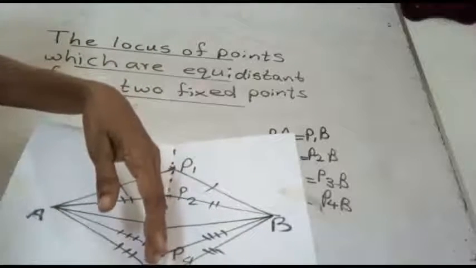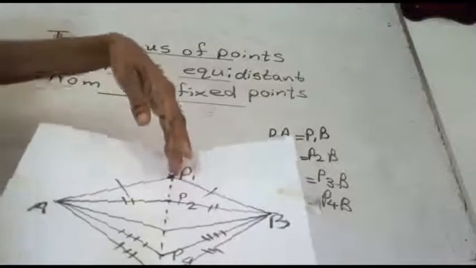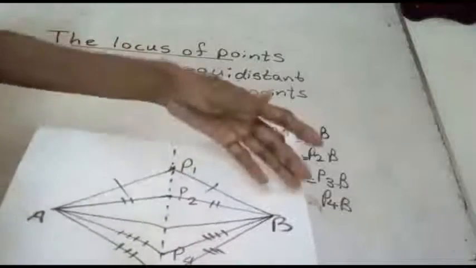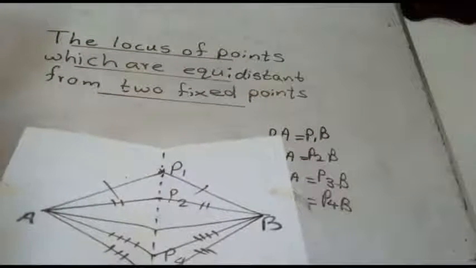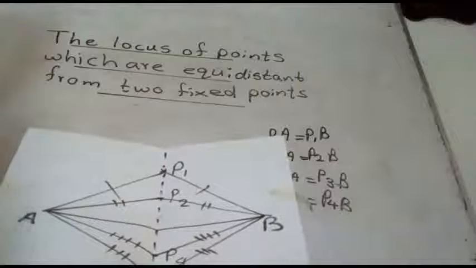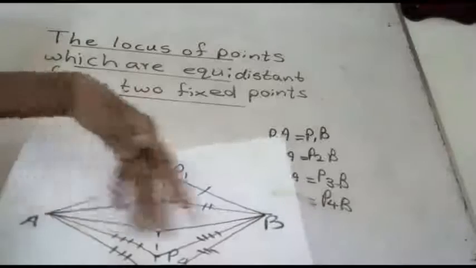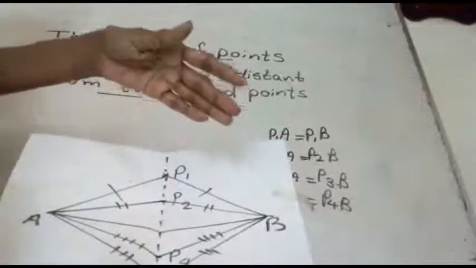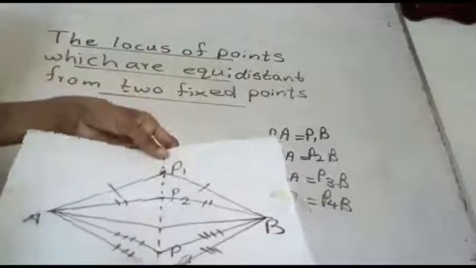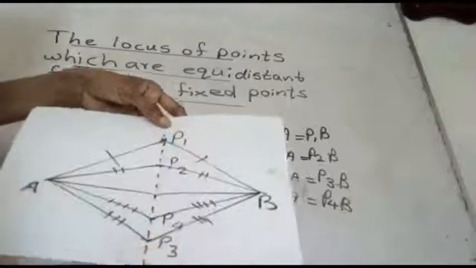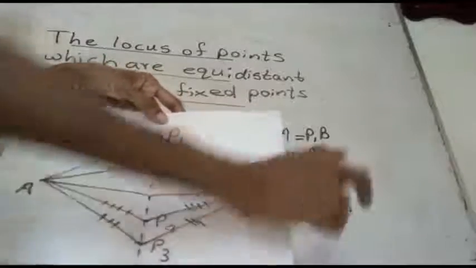Now write down: the locus of points which are equidistant from two given points is the perpendicular bisector of the line joining the two points. P1, P3 is the perpendicular bisector of the line AB.